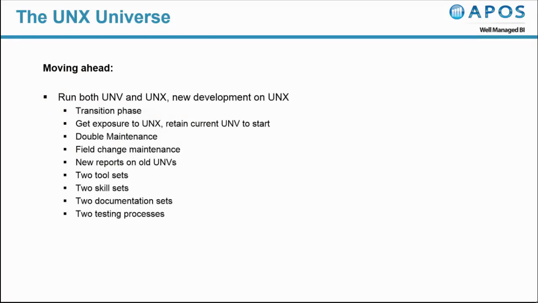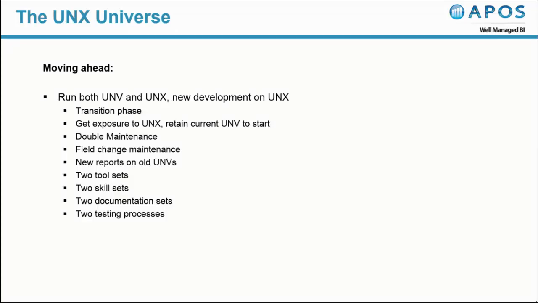A more logical, more realistic approach is to run both UNV and UNXs at the same time. Any new development, of course, would be done on UNXs. You've got a transition phase. You're getting exposure to UNXs, and you're retaining your current UNVs to start with.